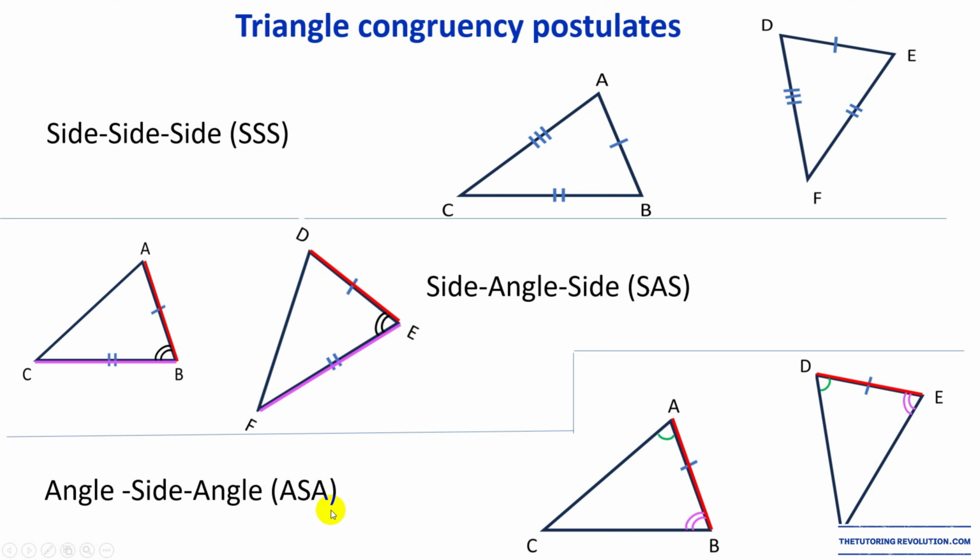And the ASA says that if two triangles share two angles in common and the side in between those angles is also congruent to each other, then the triangles are congruent.